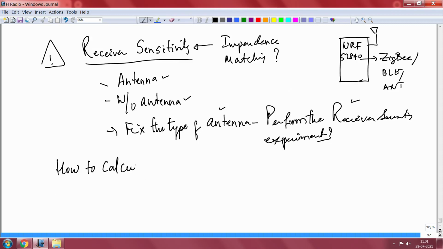Before we get into the detail, let us put down one diagram which can be quite intuitive, and from there put down the simple expression for calculation of receiver sensitivity.